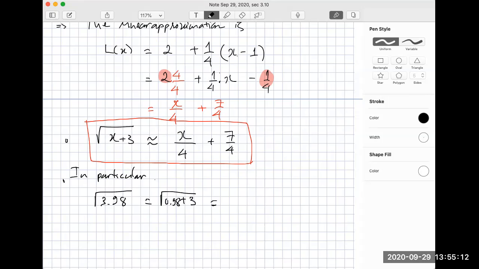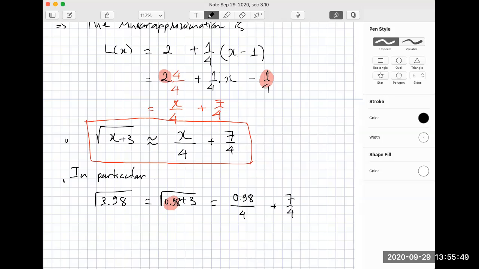Thank you. So here, 0.98 is near 1, right? Therefore, we can use this approximation to approximate this value, which will be, what is it? Perfect. 0.98 over 4 plus 7 over 4. Very good.